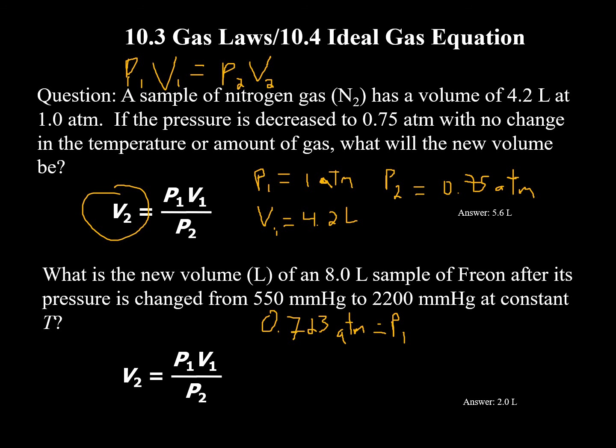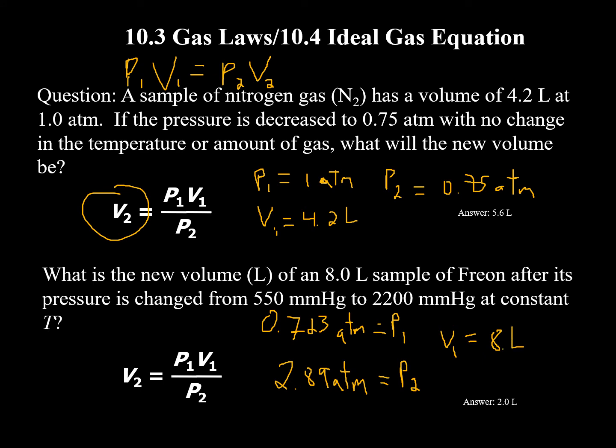Again, I have attached the answers on the CUNY Common Blackboard. The next one, we need to convert 2200 millimeters of mercury to atm, and that comes out to 2.89 atm. Again, we did 2200 divided by 760, and our V1 is 8 liters.